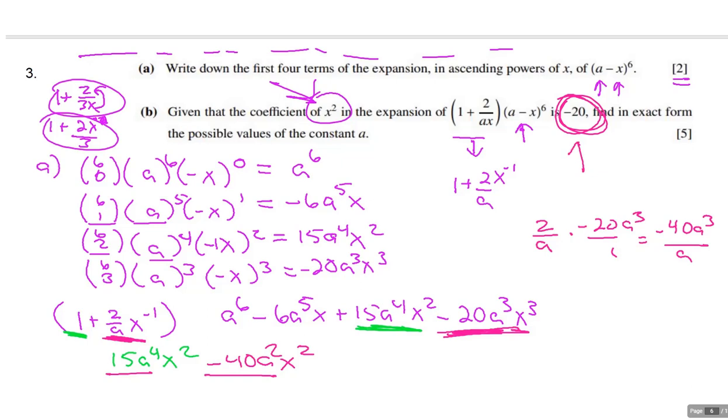Negative 20. Because I can't add these together. Why can't I add these together? Because one's a to the fourth and one's a squared, right? So I'm just going to write 15a to the fourth minus 40a squared. When I put those together, it should equal negative 20, because that's the coefficient they're telling me.